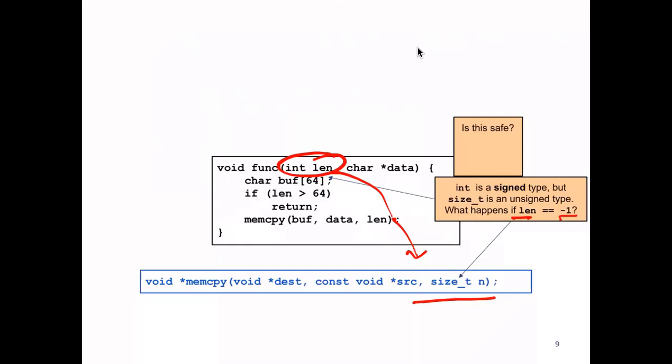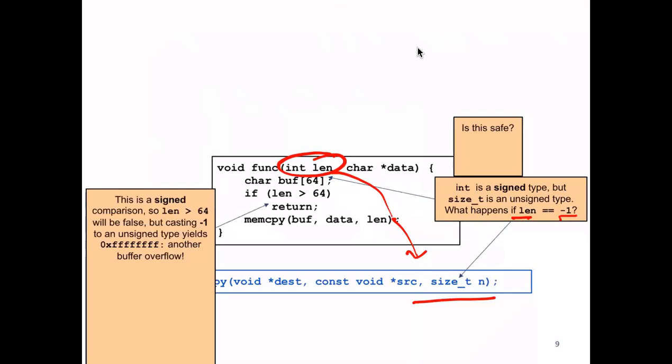Anyone? -1 in 2's complement will be FFFF, right? So this value will be passed here. So -1 becomes FFFF, the maximum value that can be represented, if the machine is 32-bit.